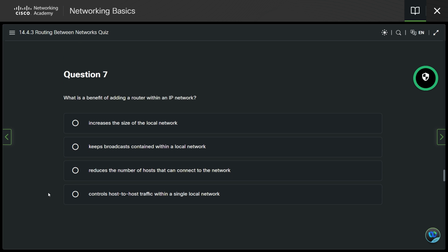Question 7. What is a benefit of adding a router within an IP network?